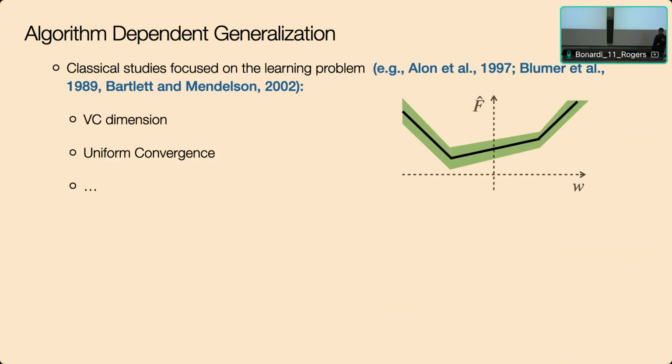So classical studies which discuss generalization actually discuss properties of the learning problem. They show that if the learning problem satisfies certain properties, then all algorithms generalize well, or ERM generalizes well. Such properties can be low VC dimension, uniform convergence, and many more that were presented in this conference in particular.